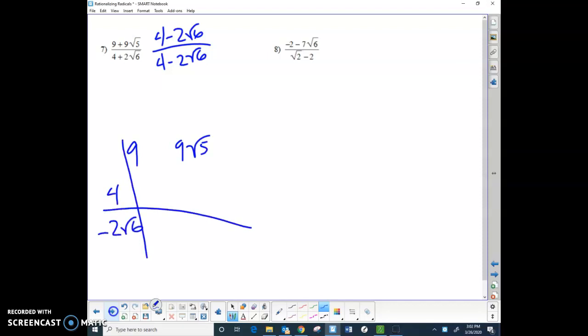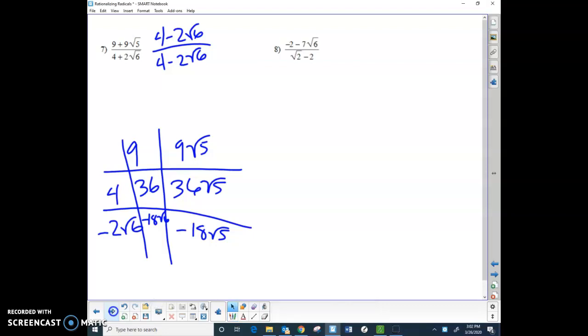All right, this one's going to get really messy. All right, so 9 times 4, 36. We got 36 square root of 5. We've got negative 18 square root of 6. And we've got negative 18 square root of 5. All right, this is just the top part of my answer. I'll write it in a different color here.